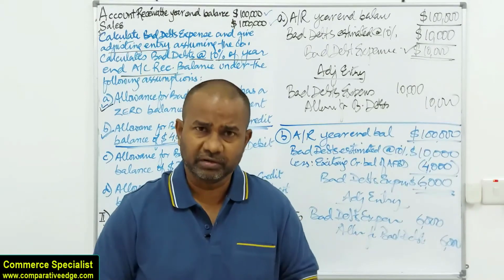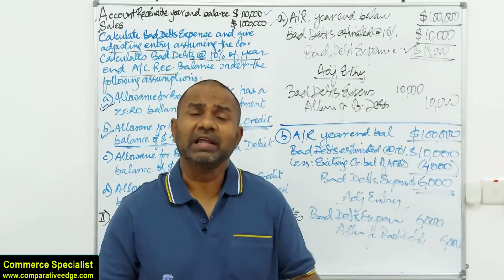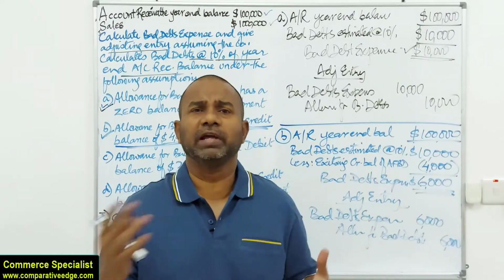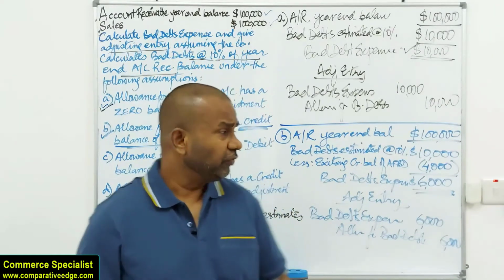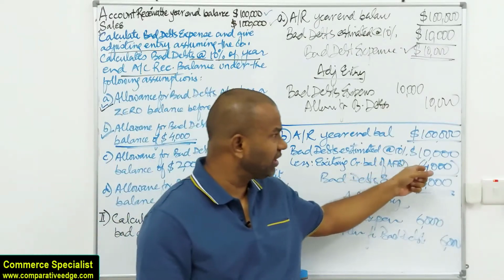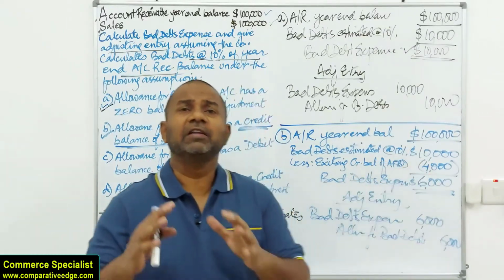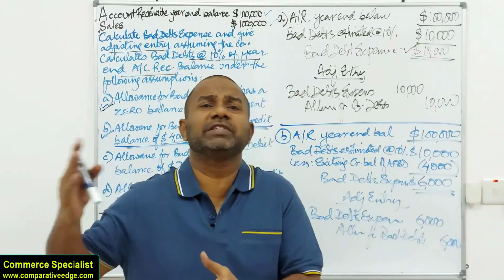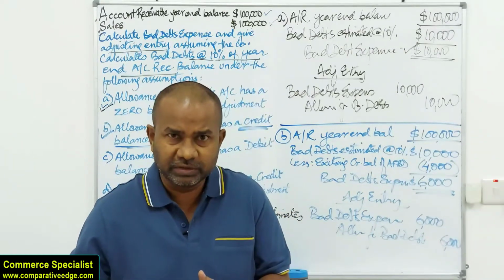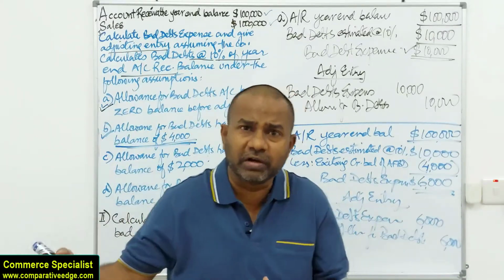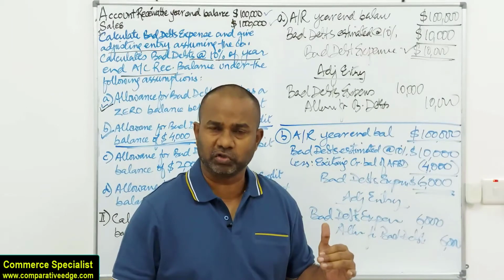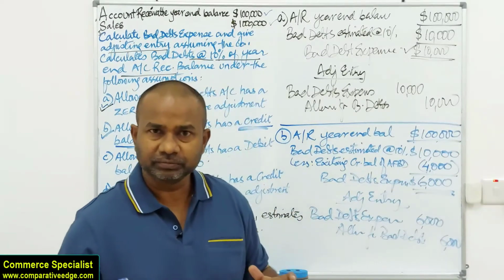Let's say 10%. But it's not necessary that exactly 10% of the amount will go bad. It can be more or less. So if an allowance for bad debt account has a credit balance of 4,000, that means in the previous year, bad debts were overestimated by 4,000. So if it were overestimated, we are subtracting this 4,000 from the current year estimation to adjust it.